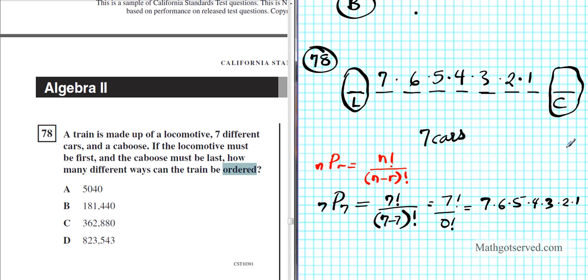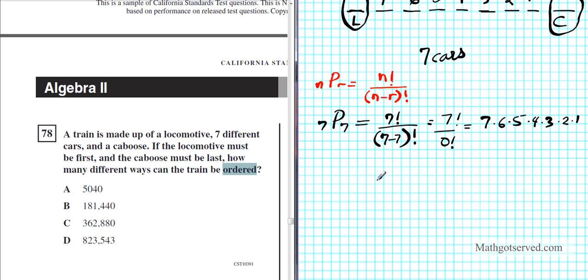So let's go ahead and multiply it out. 7 times 6 times 5 times 4 times 3 times 2 times 1. You multiply the first two, that gives me 42. 5 times 4 is 20. 3 times 2 is 6.